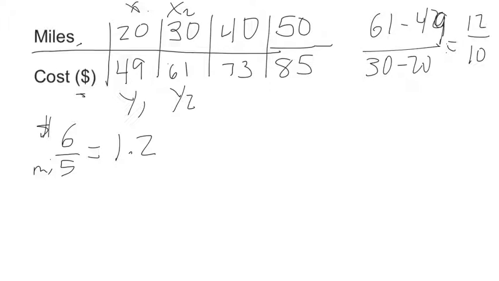So that's my slope. But this time, is there the 0 value for the y-intercept? No. If you look at this, the lowest x value we have is a 20. Well, we know that for every 10 we change in the x, we're going to be going up by 12, right? So going from here to here, we went up by 10. From here to here, we went up by 12.